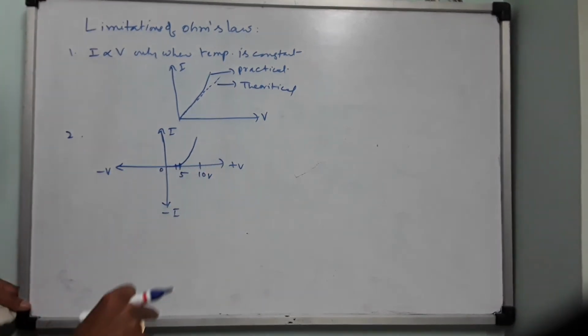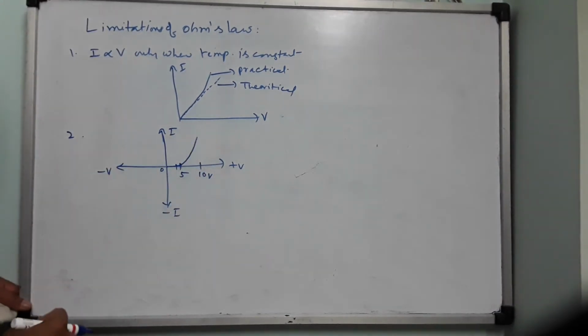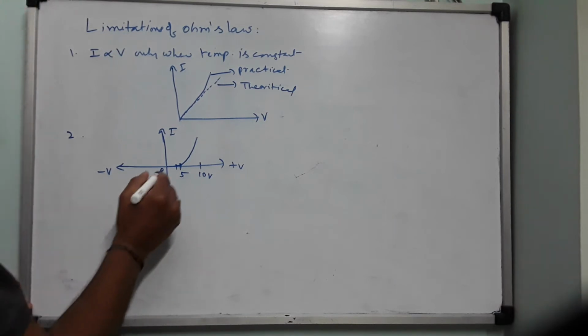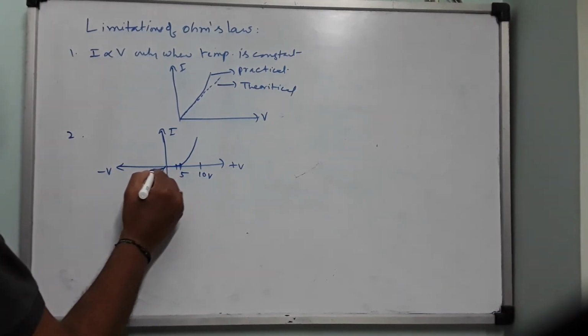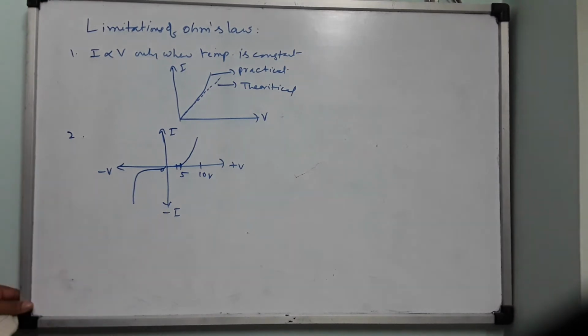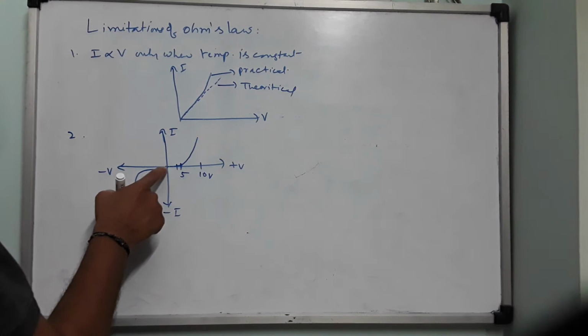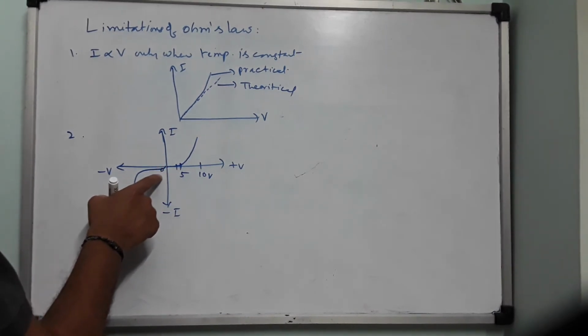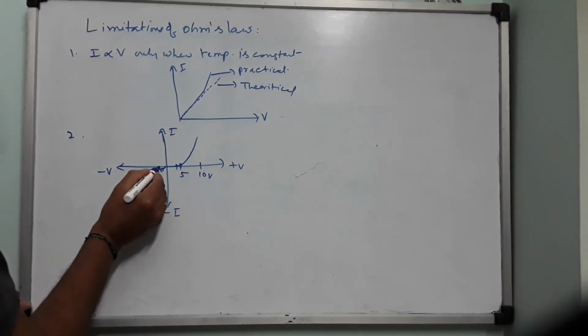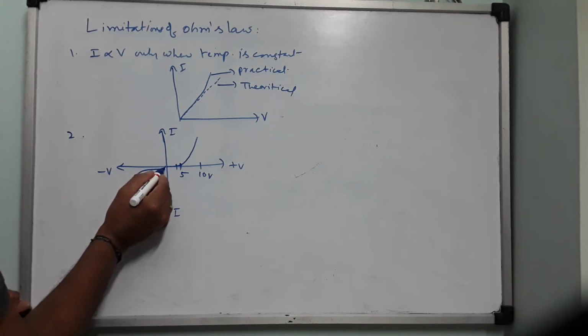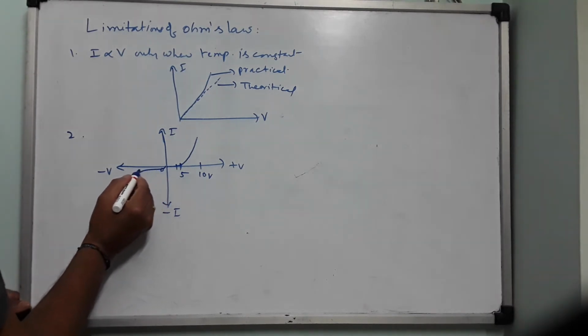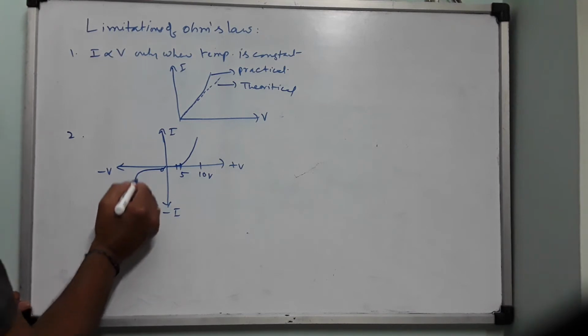If I reverse the sign, I don't get exactly the similar graph. The graph is going to be like this, so there is a lot of difference between this graph and this graph. There is a very small current even at the beginning; it is not touching the axis, there is a small gap. So there is a small leakage current at the beginning, and after some time it will sharply increase.